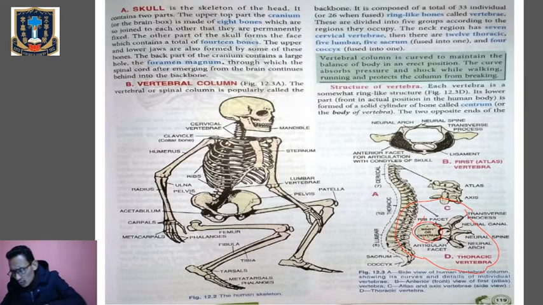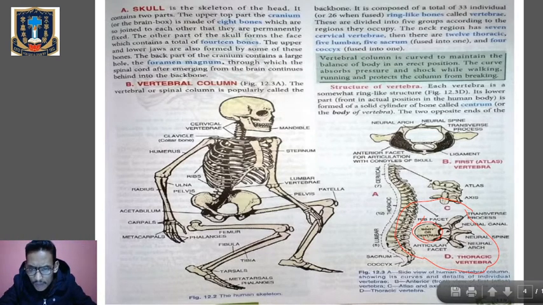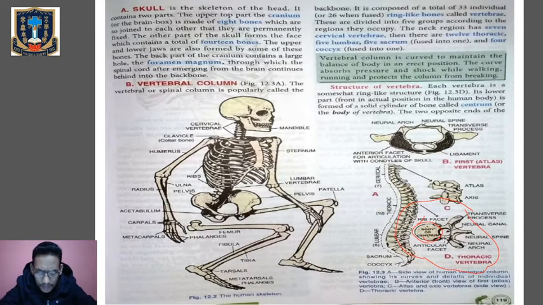Then the two opposite ends of the centrum are flat. When we look at the opposite parts, we see the flat structures here and here. The dorsal side of the centrum has a canal, and that canal is called the neural canal.